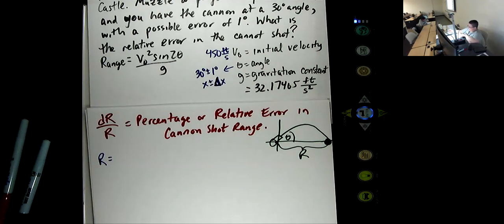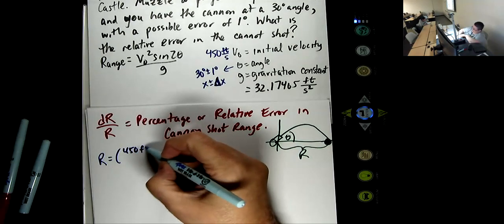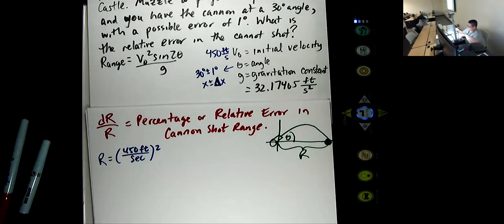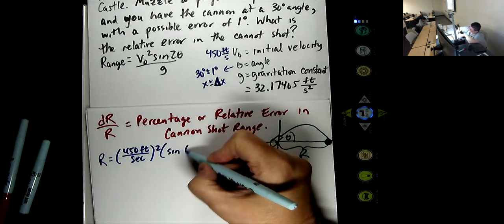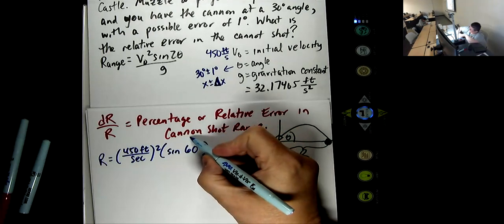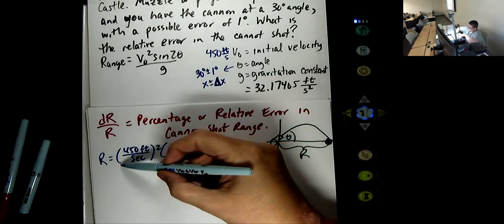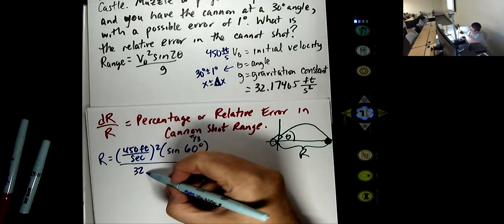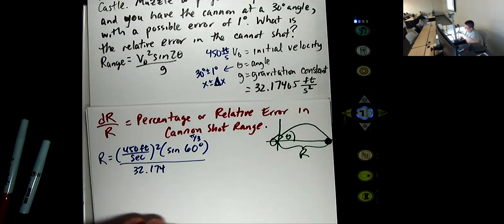So our V naught squared is 450 feet per second squared. And then we're doing sine of 2 theta, which is sine of 60 degrees, which is pi over 3, and we're dividing by the gravitational constant.